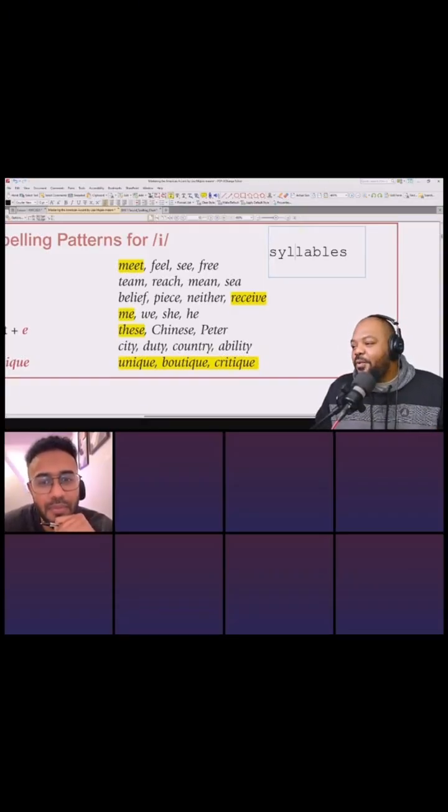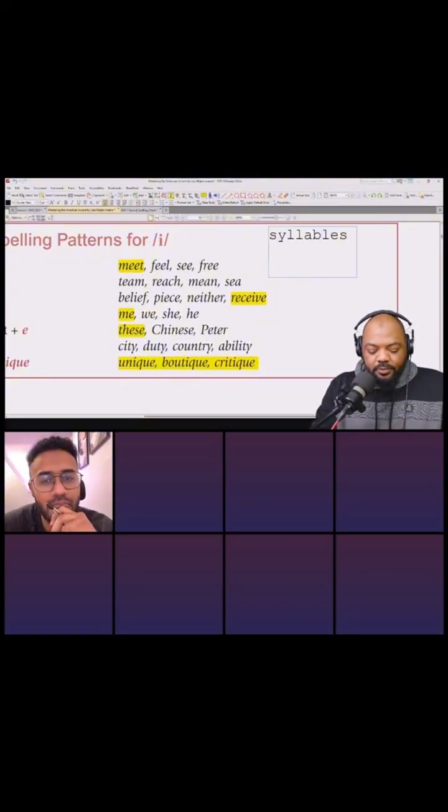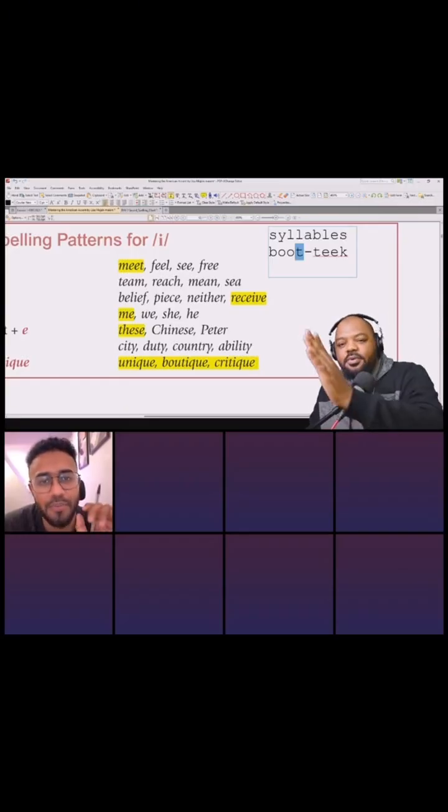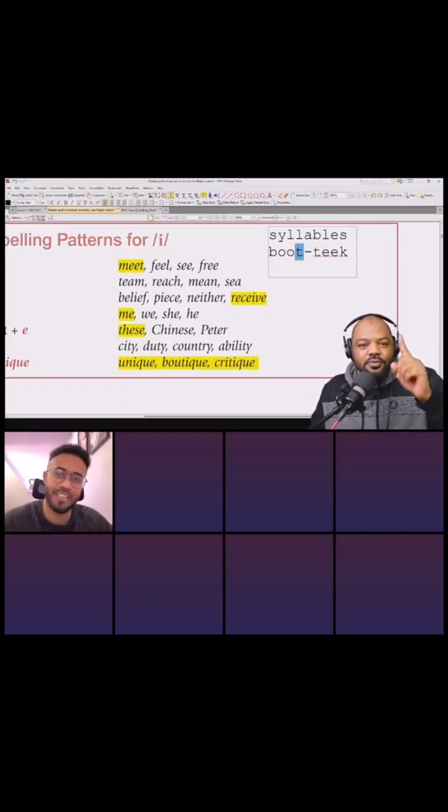Now, if we wanted to spell it the way it's pronounced, it would look something like boot, as in the shoe, and then a teak. Now, this last T is a very, very tiny T. Boutique. Can you try it again?